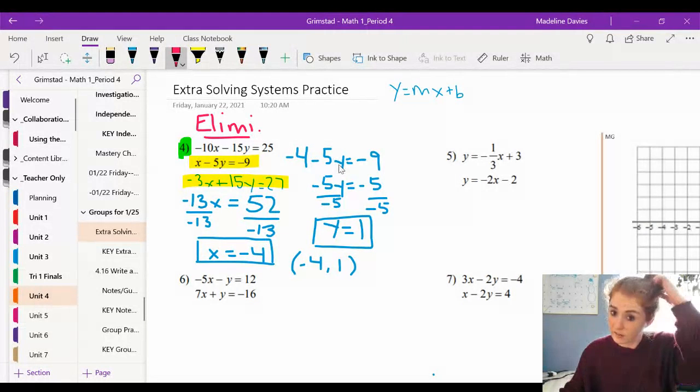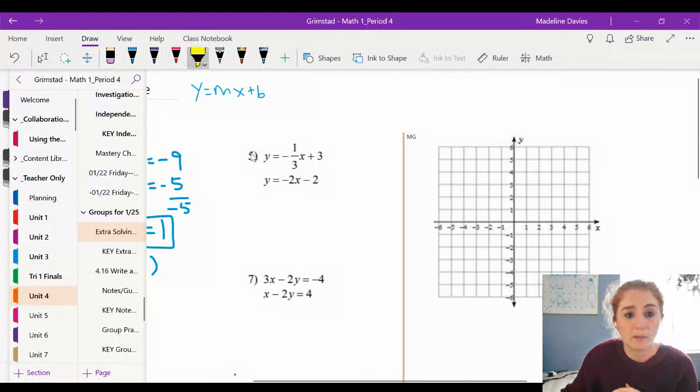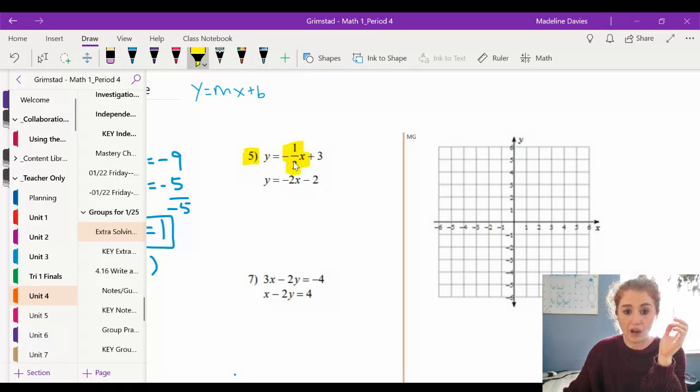So let's try something else this time. And when I worked on this problem before, this number 5, I tried to do substitution because I had my y values and it was in y equals mx plus b and everything was feeling hunky dory. But I ran into a big issue with this fraction. So what I should have done and what I'm going to do now is I'm actually going to graph this problem.